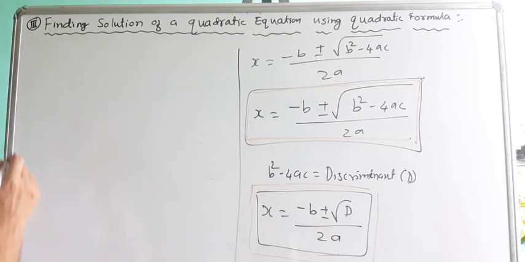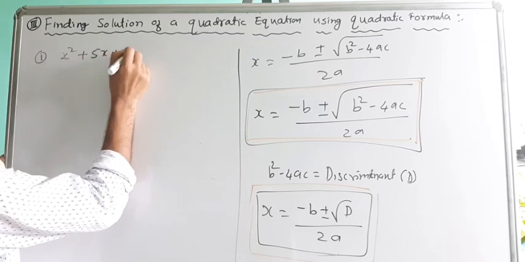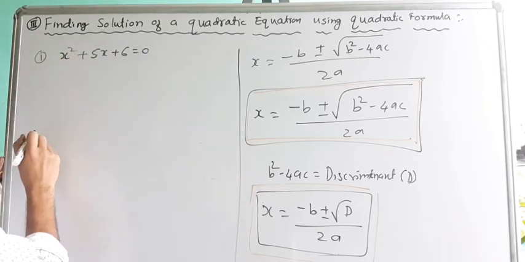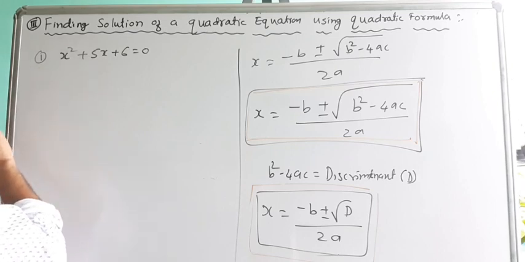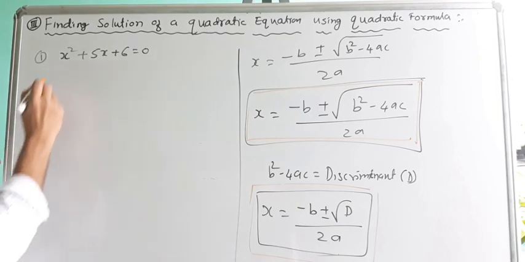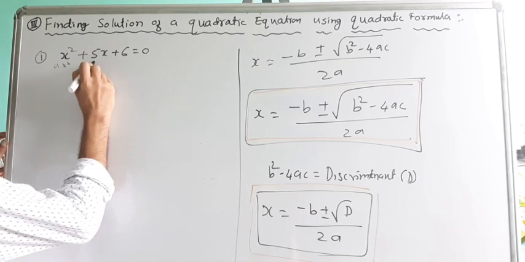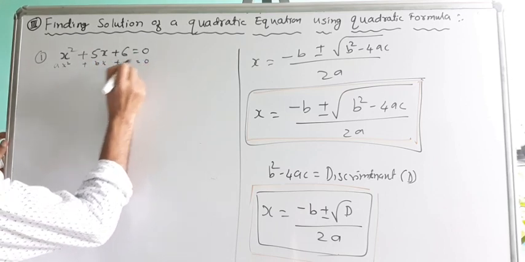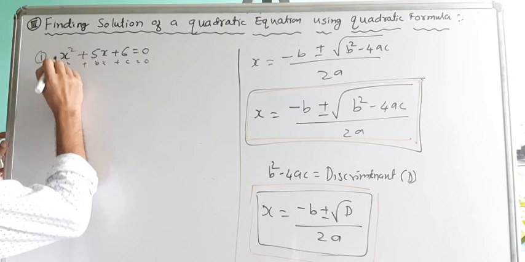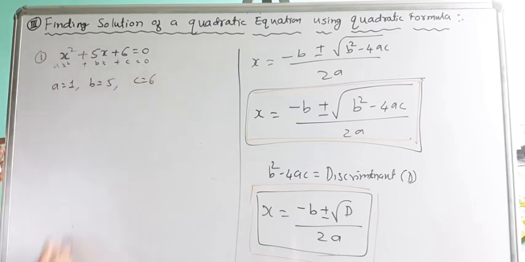We will take the same problem that we solved earlier by the factorization method and the completing square method: x square plus 5x plus 6 equal to 0. I am taking the same problem. If we compare this with the standard form ax square plus bx plus c equal to 0, then the value of a is 1, b is equal to 5, c is equal to 6.